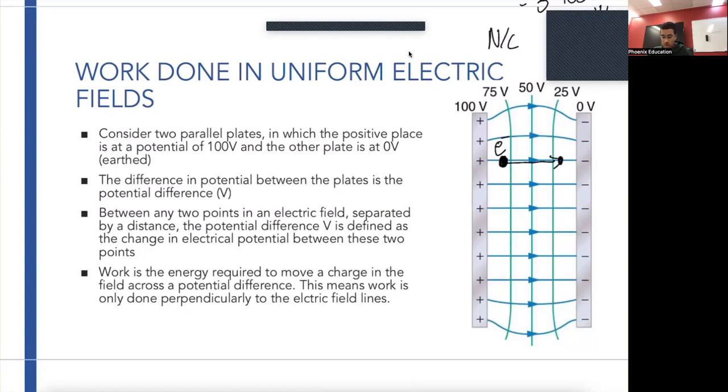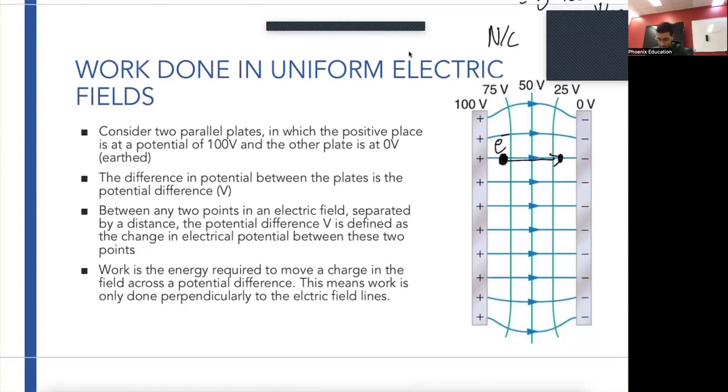And work is only done when the particle moves perpendicular to the plates. If you have an electron like this and it moves parallel like that, there's no work being done, because it's not changing its voltage. There's no potential difference over the distance it travels.